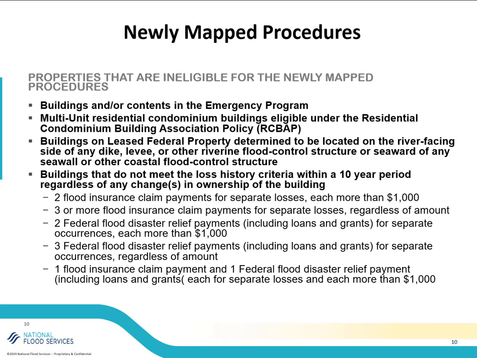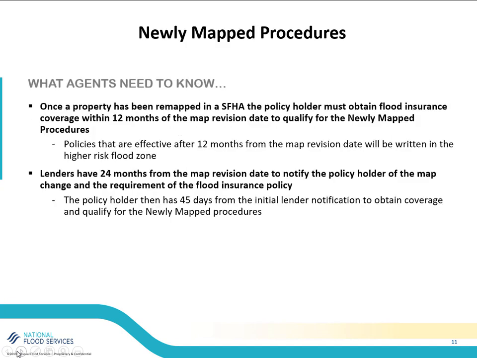Finally, buildings that do not meet the loss history criteria within a 10-year period, regardless of any change in ownership of a structure, will also be ineligible for the newly mapped procedures.